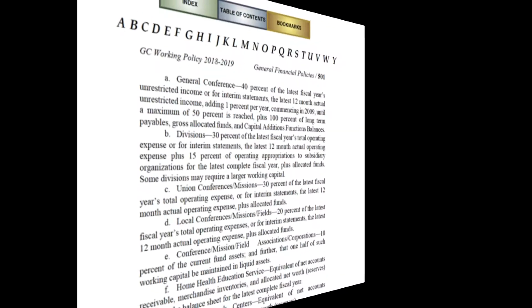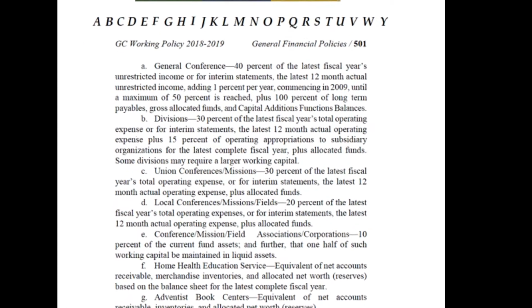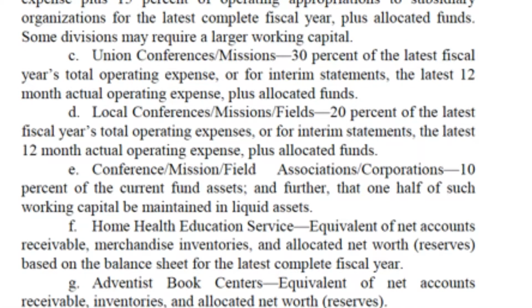The first thing you do is that you go down and you find your organization. The higher in the organizational structure you are, the more working capital you're expected to have. And that is because of appropriations. So the divisions are depending on the general conference appropriation, the unions are depending on the division appropriation. So they're expected to have more.